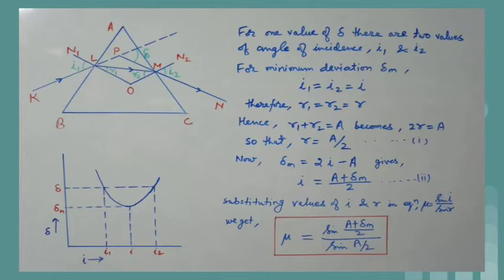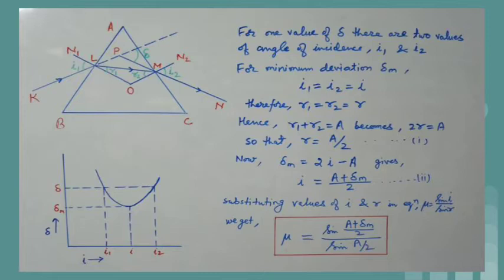In a plot between angle of incidence and angle of deviation as shown in the figure, we could see for one value of delta, there are two values of angle of incidence, that are I1 and I2.